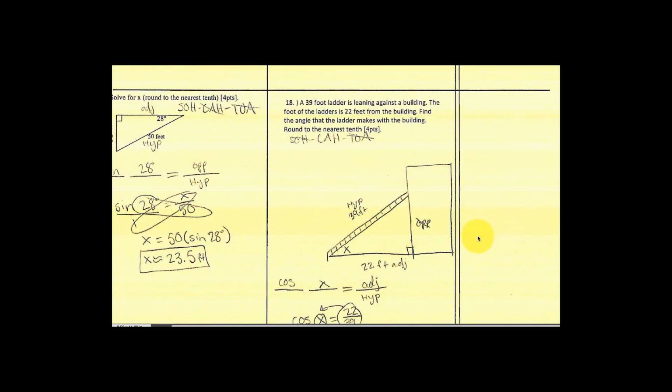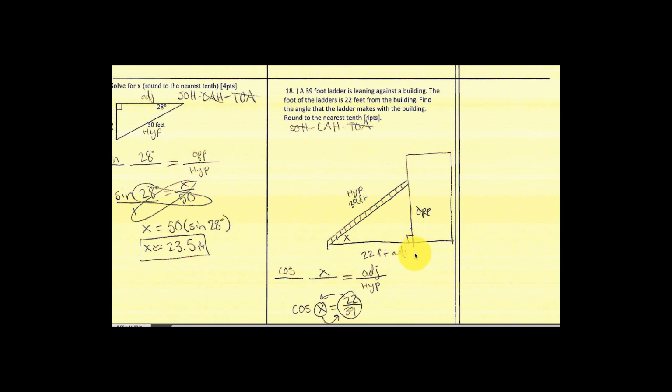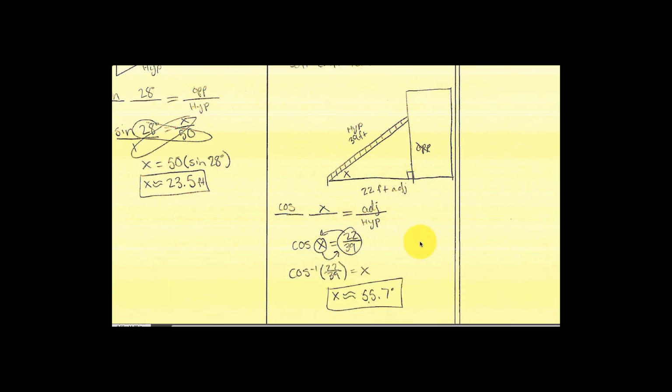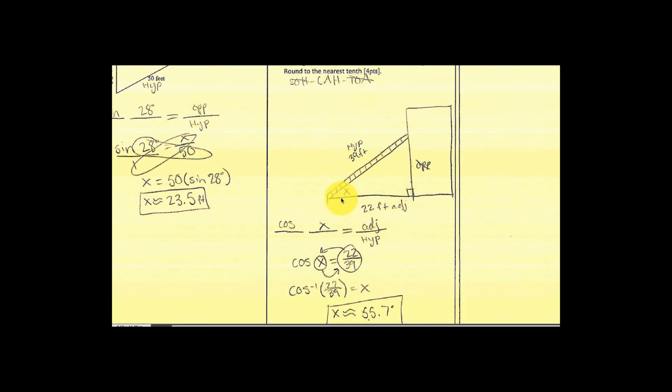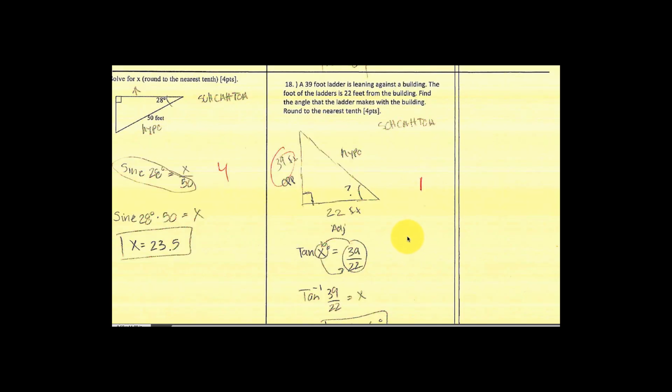This one is showing the picture incorrect, and that would have given 1 point. Although they labeled that one correctly, they put the angle down here. In word problems, you may need to read the problem several times. The building is not 39 feet, and it says, that's why I circled it, a ladder is leaning.